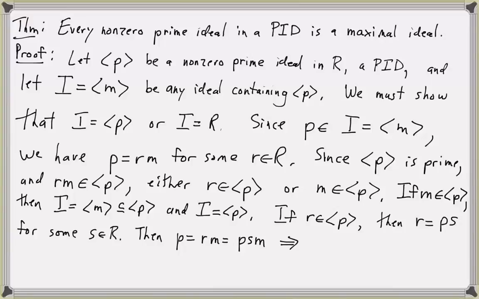So if P equals P times SM, then by cancellation in the integral domain R, 1 equals SM.